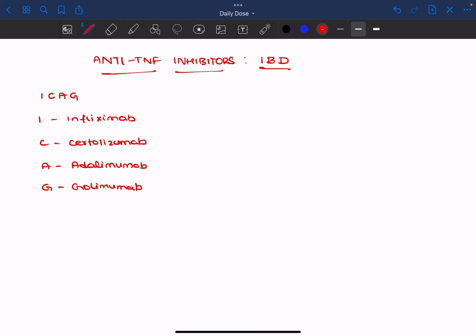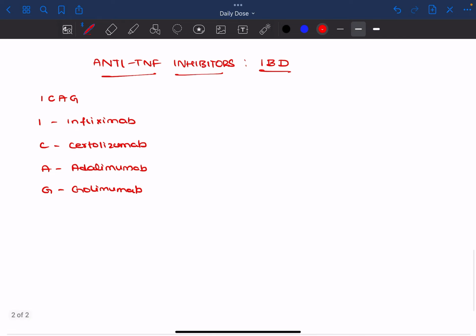So let us see the common reactions which are produced by these anti-TNF inhibitors. But before going to this, let us see how they act.